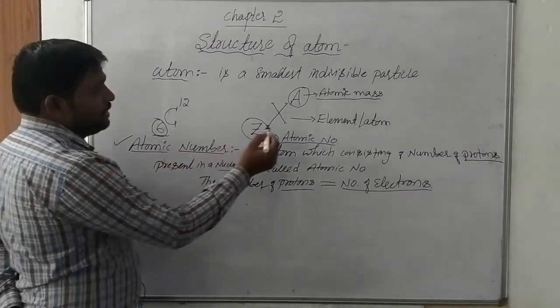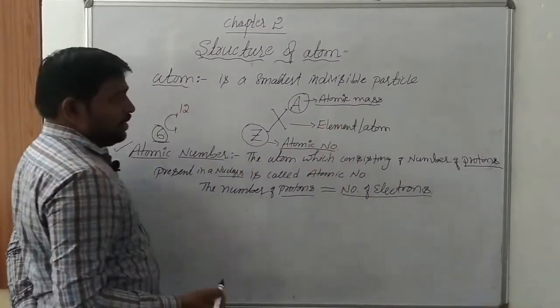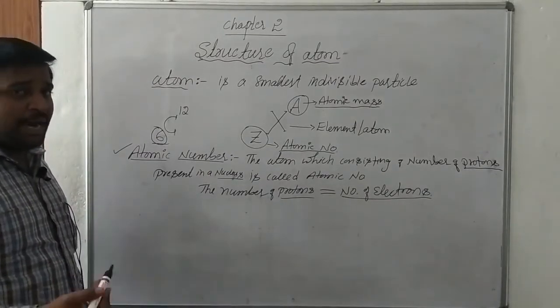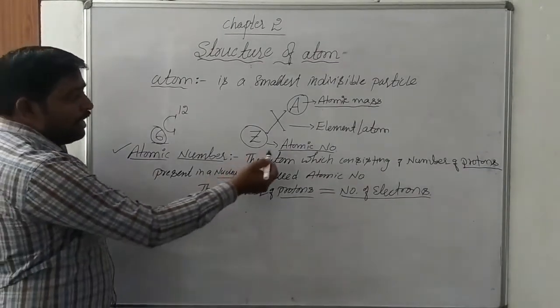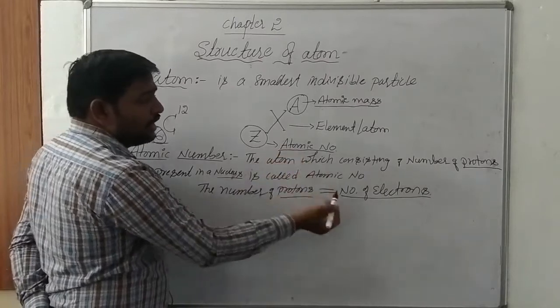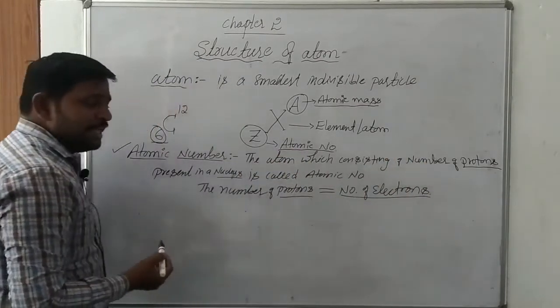Then next is atomic mass. What do you mean by atomic mass? In atomic number we considered only the number of protons present in a nucleus.